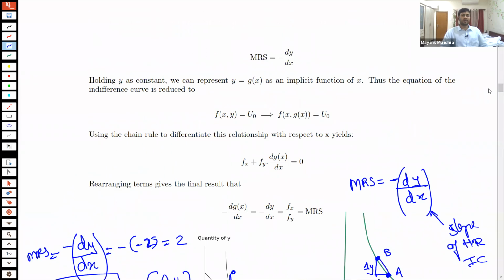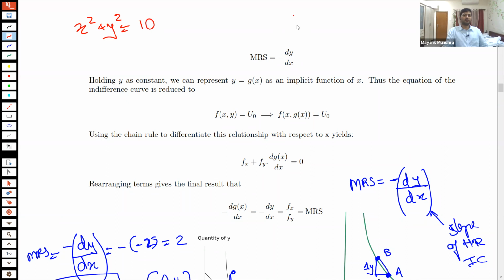Okay, so suppose x square plus y square is equal to 10. Okay, so this is the explicit form.